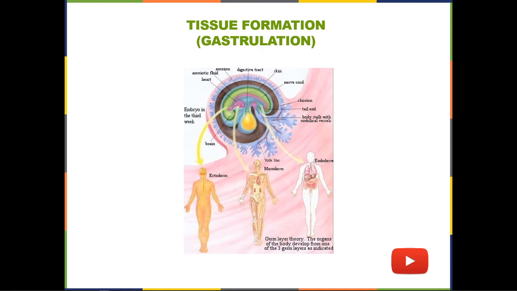So your integumentary system would come from your ectoderm, the skin and nails. It also, your nervous system comes from that ectoderm layer. So your brain and spinal cord and nerves. Mesoderm, right? Meso means middle. That's that middle layer. And the majority of that makes up is your muscular and skeletal system, right?